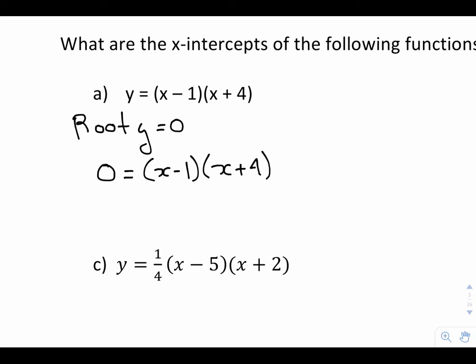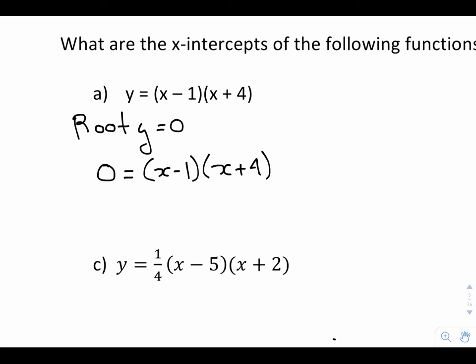So if the product of two numbers is 0, then the only way that can happen is that one of them is 0. Let's take an aside here. If I have 2 times something equal to 0, well, that something, the only possible number it can be is 0 itself. So that same logic applies over here.